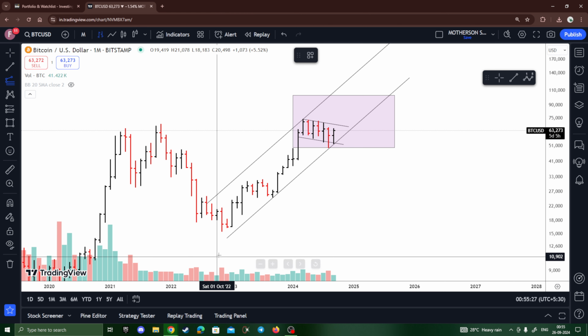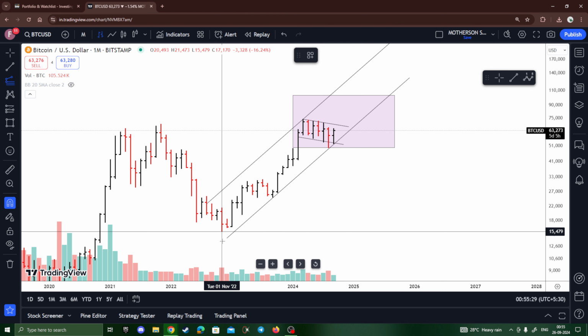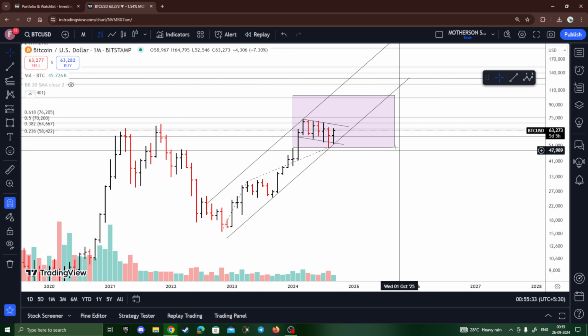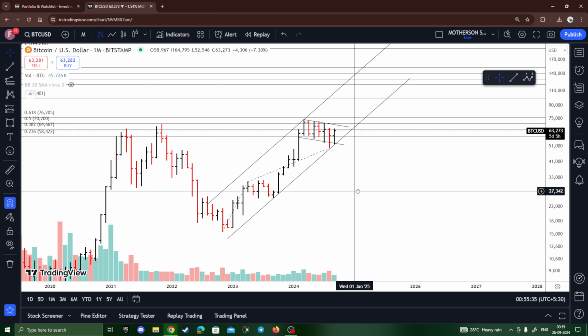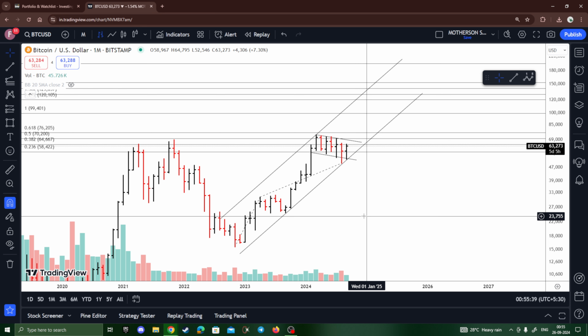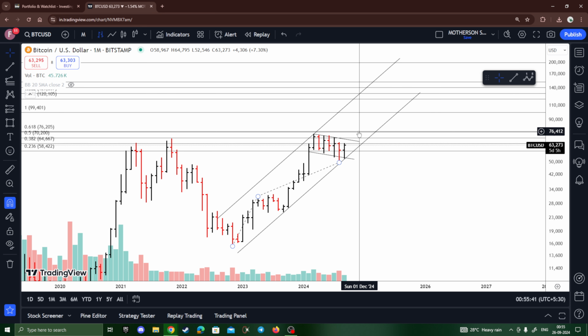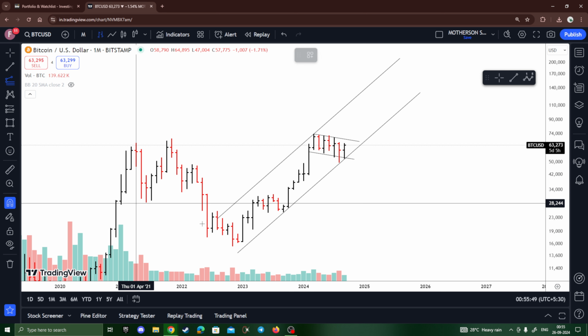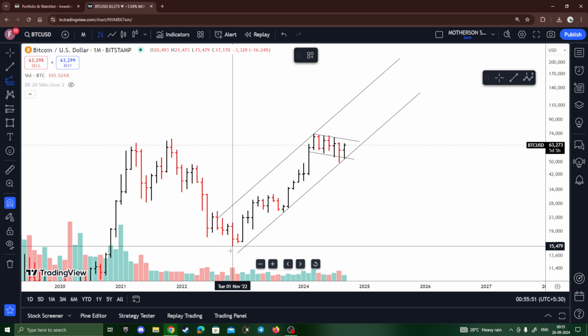Okay, just to be precise, just to be exact, it would take us somewhere around 99,400. So let's round it off to 1 lakh. So that is what I'm really looking at, 1 lakh levels from here, where Bitcoin is currently trading at 63,000 levels.